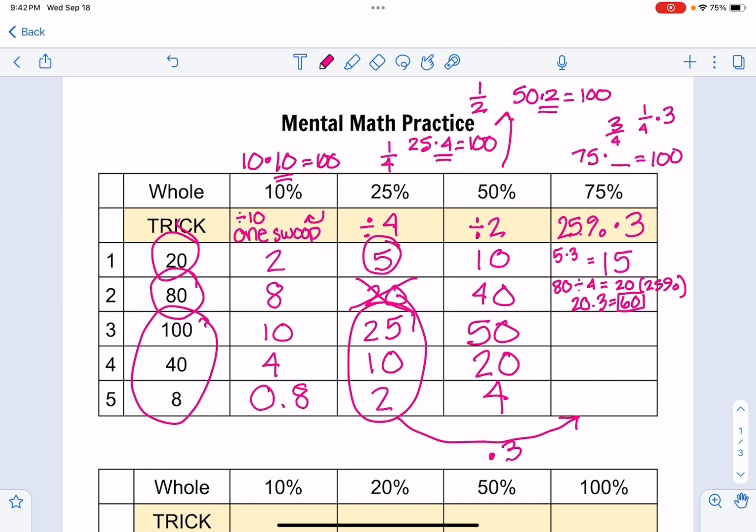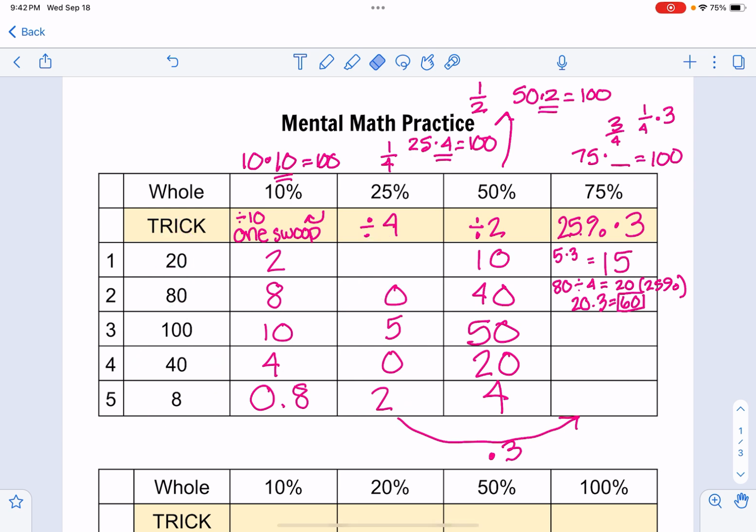All right, hopefully you're ready. So for 100%, I'm going to erase some of these so you could see what I'm doing more easily. That was too much. Okay. So for 100, I'm going to take 25 and multiply it times 3, and that's 75. So 75 is 75% of 100. Now I'm going to do the next one.